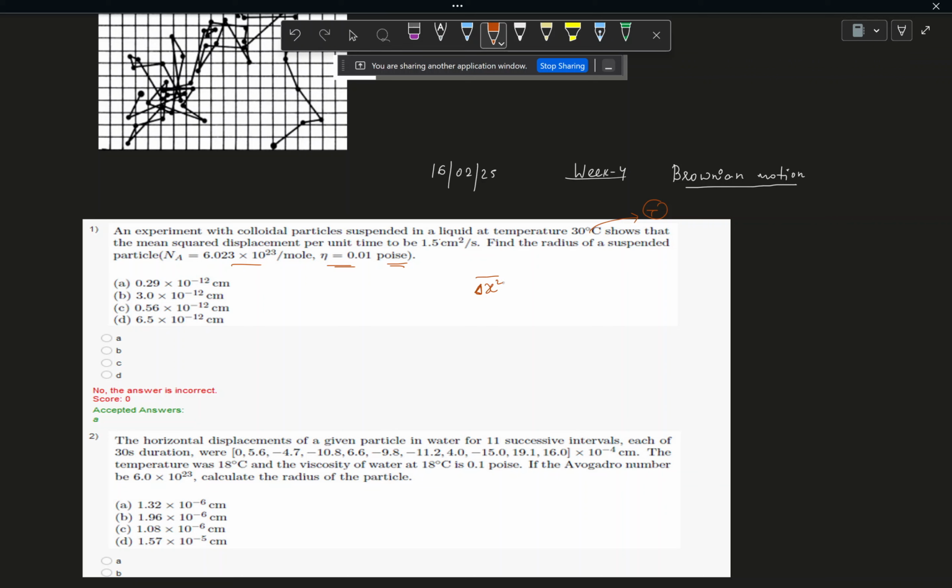Delta x is the displacement, and delta x squared is the squared displacement. It is also per unit time, because there is per second in the unit. So this is divided by tau, the time between collisions of the molecules, and is given in units of centimeter square per second, and the value is given to you.